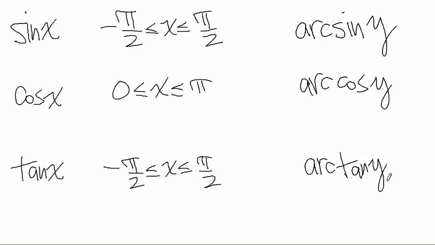Now, let's use these inverse functions to get some practice with them. I'll do a few using these special angles that don't require a calculator, although you can confirm these values with a calculator if you like.